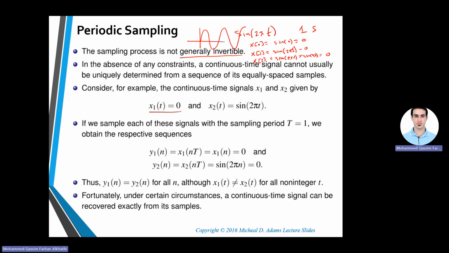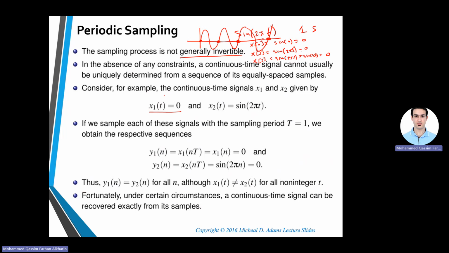However, when you say, okay, I want to sample at 1 second, you're basically taking these angles. You have the first sample, second sample, third sample, and so on, fourth sample, etc. So you're always taking these 0 spots.